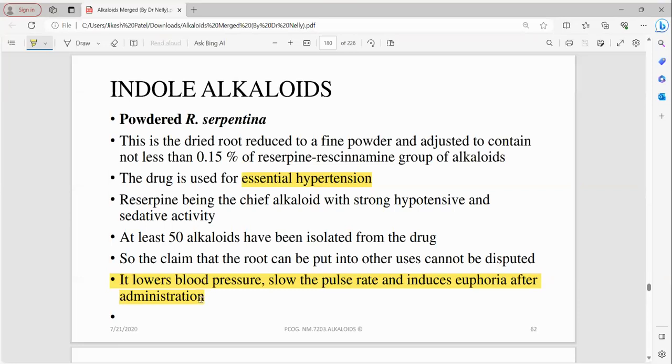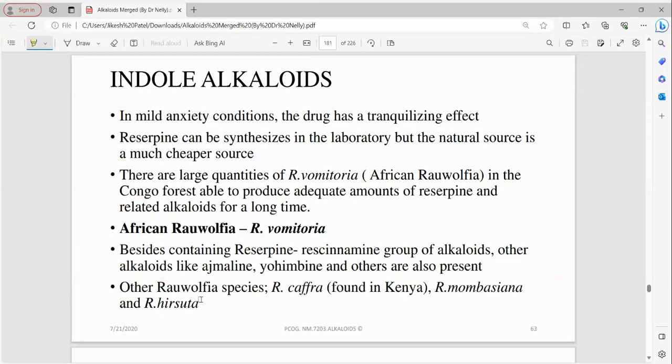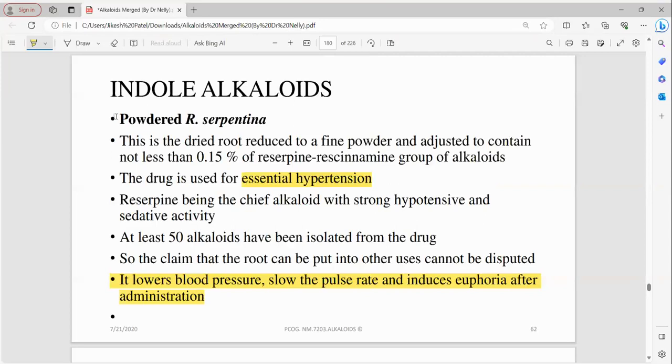And it induces euphoria after administration, because it's acting on the central nervous system, this effect will be there. But okay, we are not looking at the pharmacology of the drug right now, so we can just say that it lowers BP and decreases heart rate. The euphoria we will see as a side effect majorly.